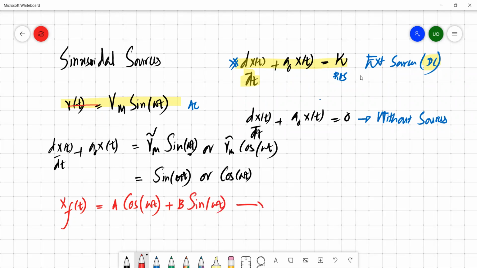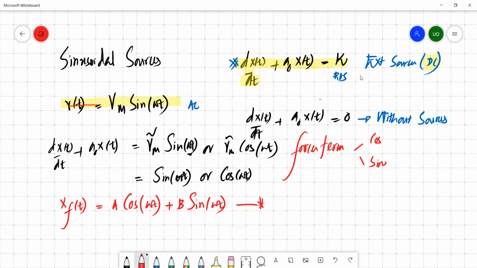This is the trial solution for sinusoidal sources, because if you have a sinusoidal source in the circuit, you will definitely end up with a sine or cosine term on the right hand side of the differential equation. So the force term would be either a cos function or a sine function.